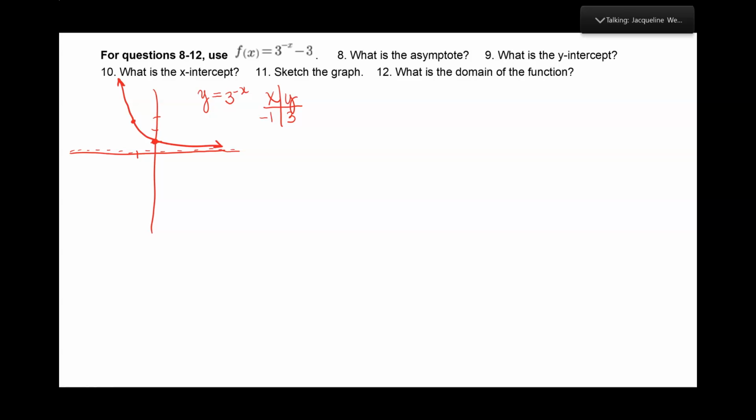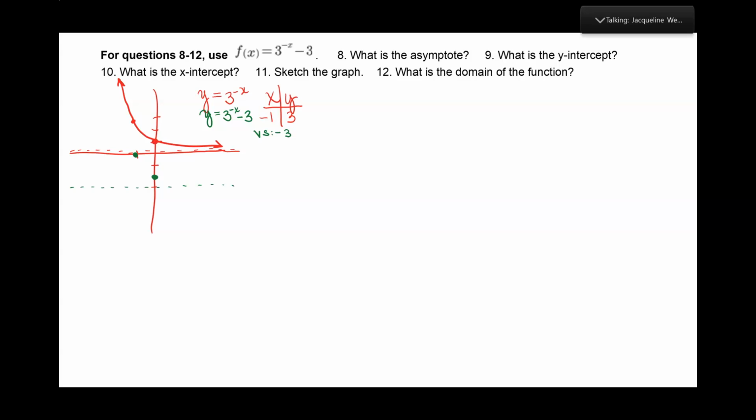All right, then what is that -3 going to cause? Vertical shift. Yes, vertical shift of what? +3 or -3? -3. So we're going to shift down 3. So we're going to take that same graph that we had and move everything down 3.